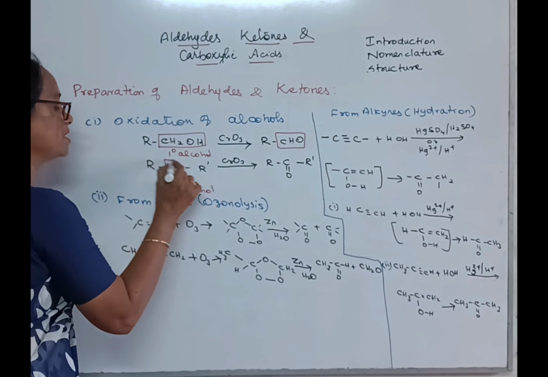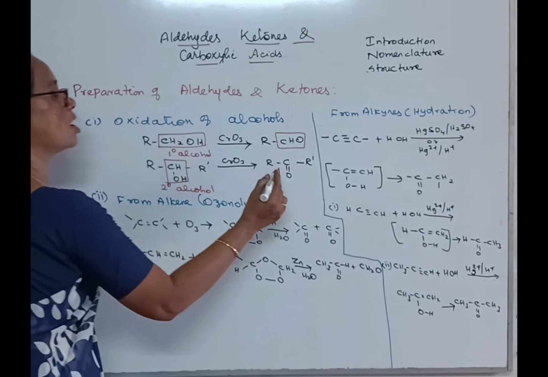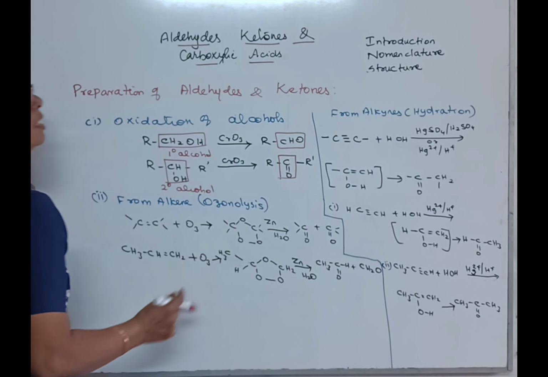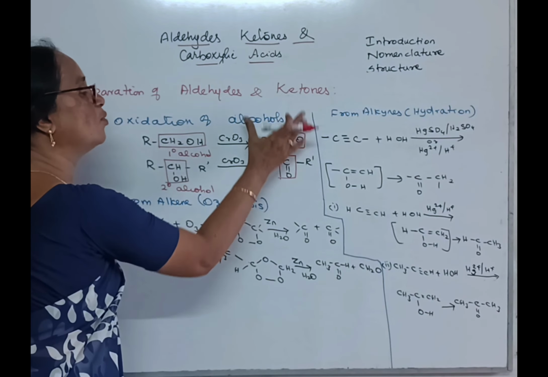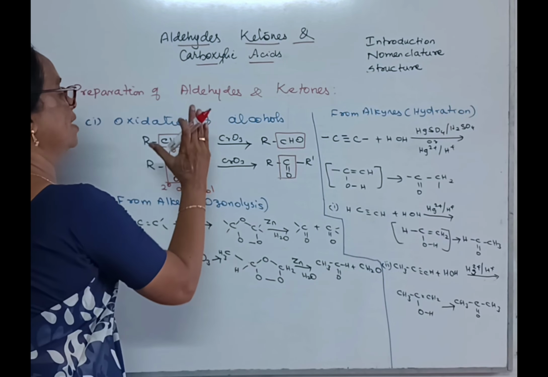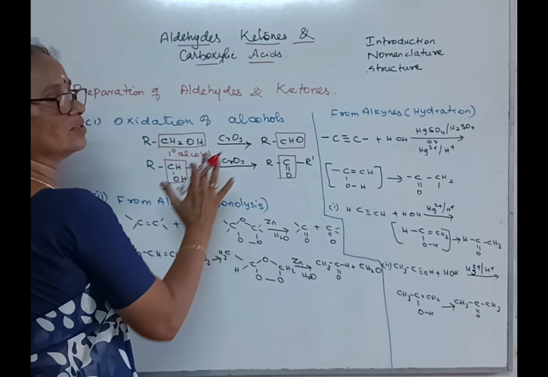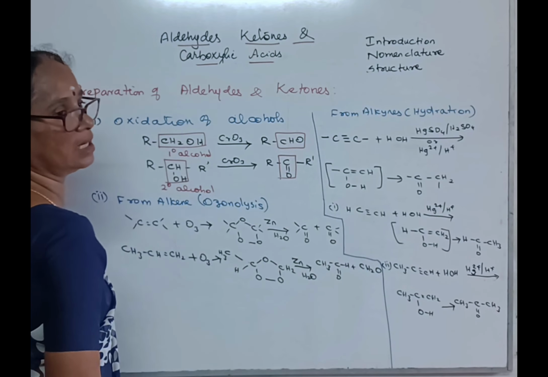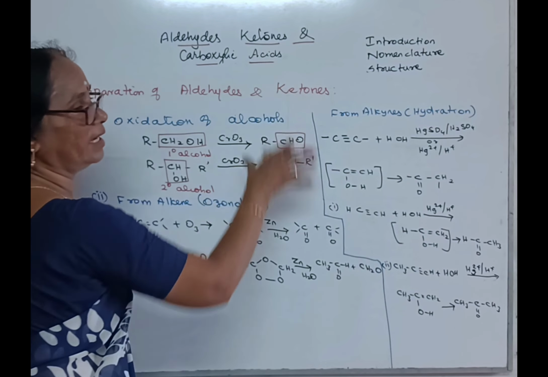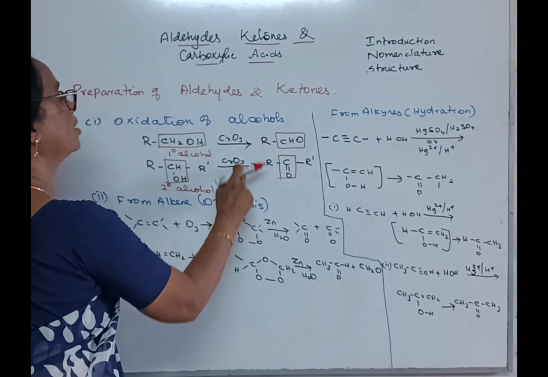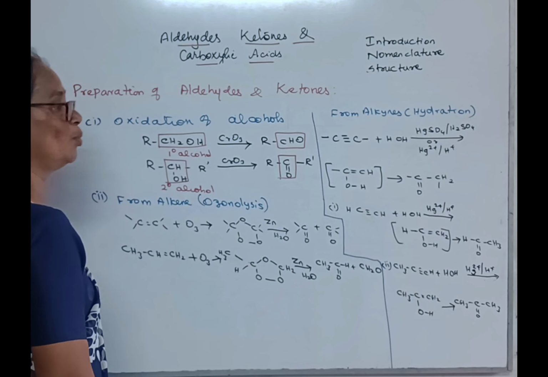Or if I have a secondary alcohol, it gets oxidized to a ketone. Why do we take a mild oxidizing agent? Because we need only the carbonyl compound. In place of mild, if you use a strong one, it will go to carboxylic acid. So for the oxidation of alcohols to aldehydes and ketones, we should take mild oxidizing agents like chromic oxide.